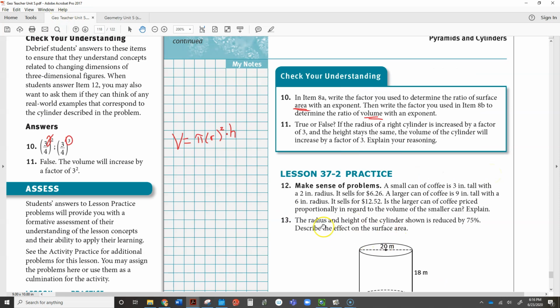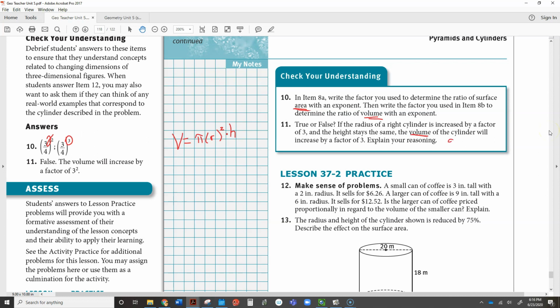So on this problem, we're dealing with a cylinder and only one thing changed on the cylinder, the radius, but the height did not change. They're asking about volume.